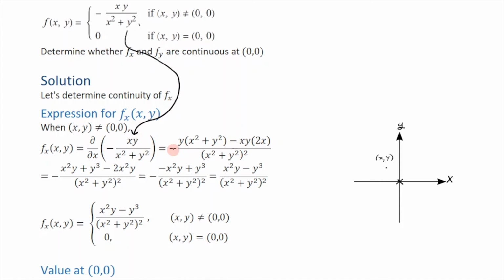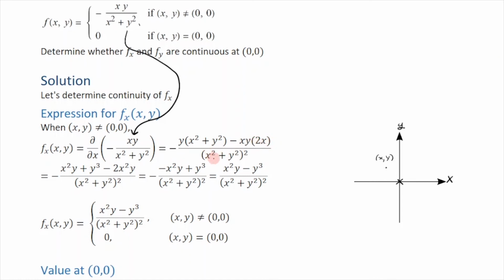This minus is here. Then I have the derivative of xy, which is y. Well, it's the derivative with respect to x, right? So we're keeping y constant. Then we have the denominator. Then we have minus xy, which is the numerator, times the derivative of the denominator.